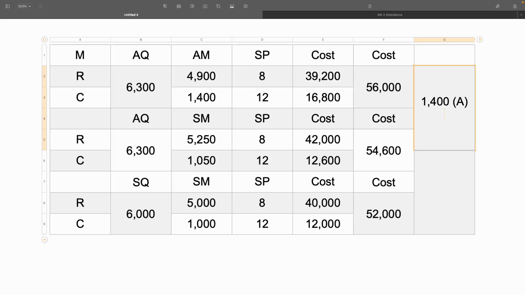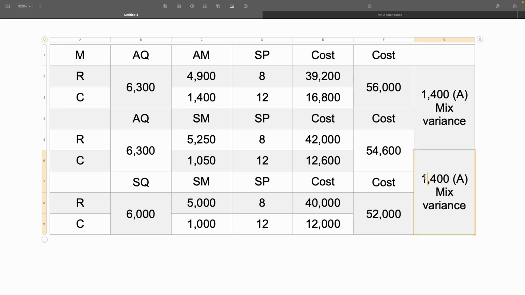Okay, this is your mix variance. Are we okay? Then here, 54,600 should have been 52,000. So that's going to be 2,600. Adverse.